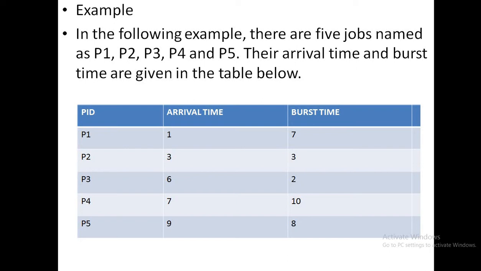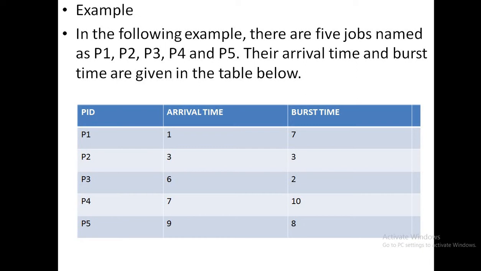By seeing the table, we will prepare our Gantt chart. After that, we will go through the solution of the problem, and we will calculate the turnaround time, waiting time, as well as the completion time of each individual job. Then we will calculate the average waiting time and average turnaround time.